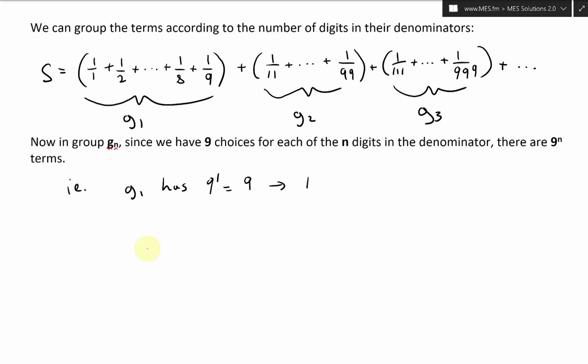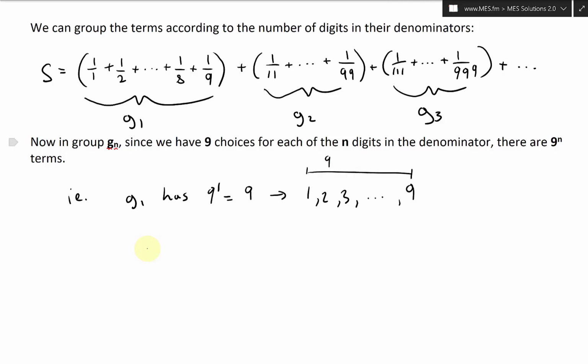And this is just 1, 2, 3, dot, dot, dot, all the way until 9. So this is 9 terms.